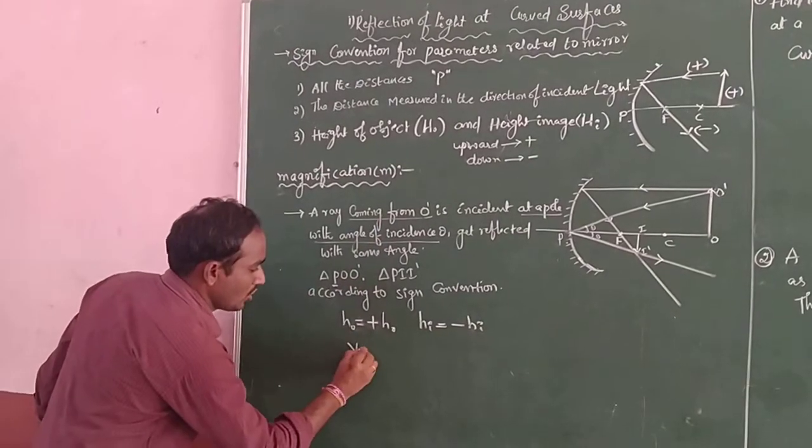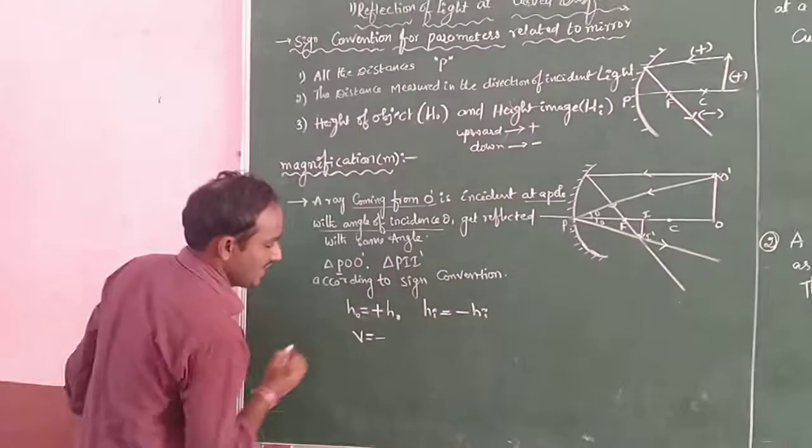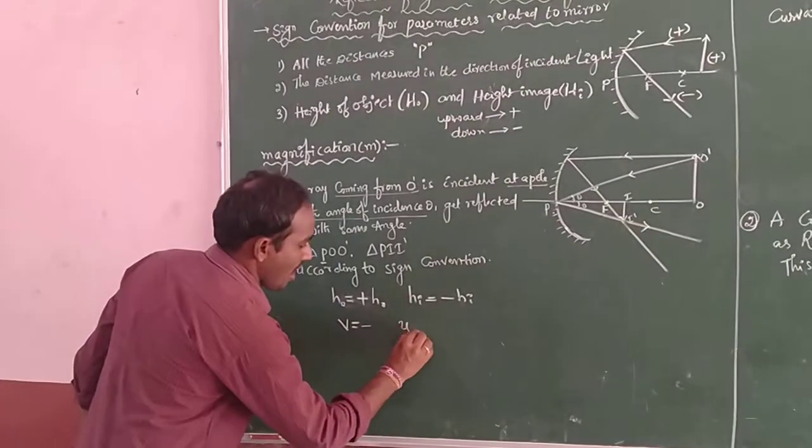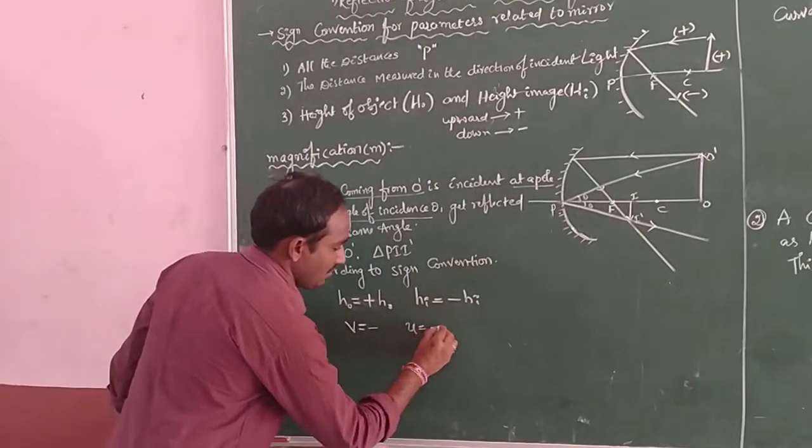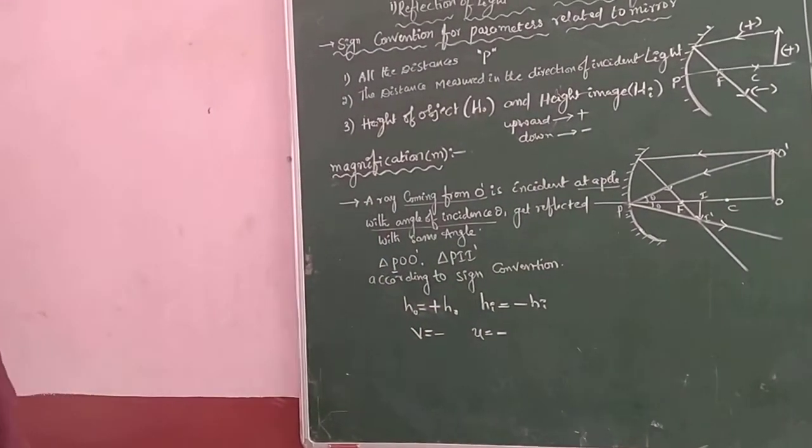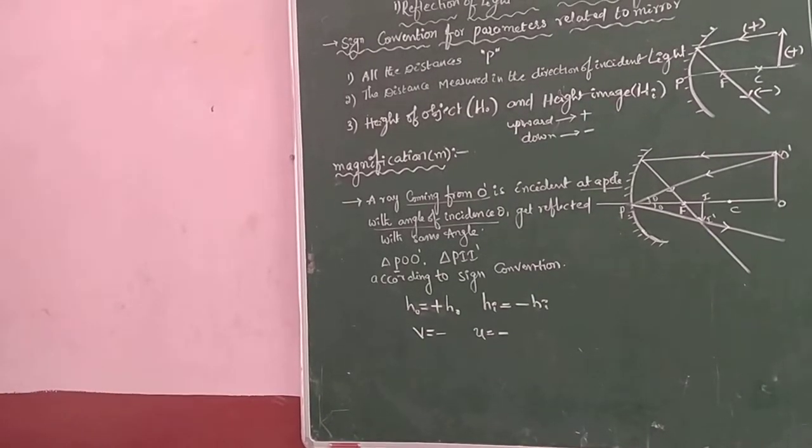So V is the image distance and U is the object distance, also minus. According to the sign convention law, we have to apply that.